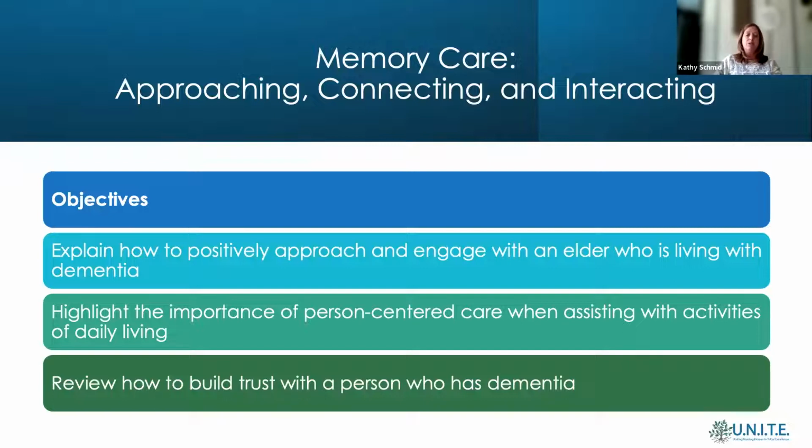When we approach someone, we're expecting them to do one of three things. Attend, so be attentive, we get their attention. Respond, and that has to do with the communication side of it. And then participate, and that's to accomplish something.